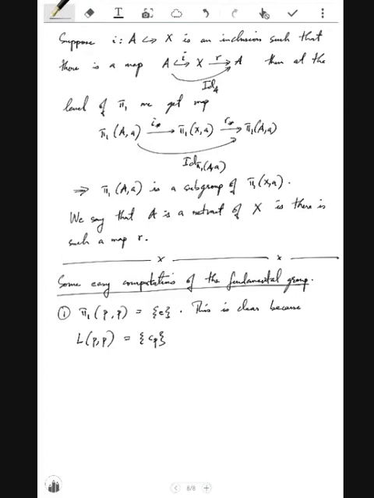Okay, so before we see some other examples, let's do this. Let's consider a slightly general situation. Maybe we can do the examples first. Let's compute pi 1 of R, 0.